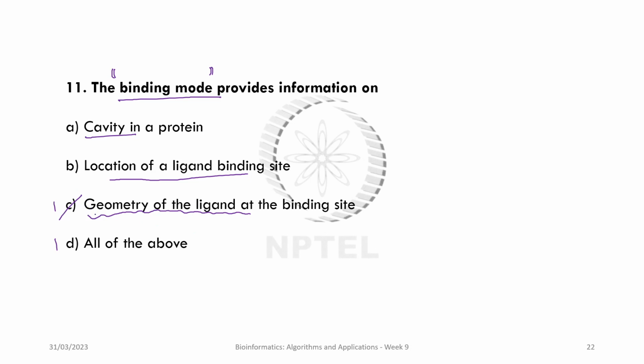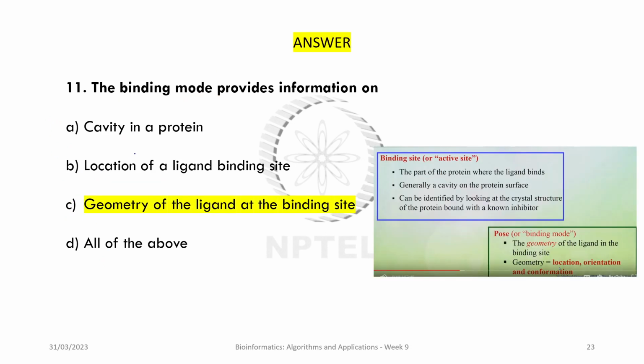But when I was a little partial to this, that's when I remembered that it is a more directed question at this slide. Where you have the binding mode here, which concentrates on the geometry of the ligand at the binding site: location, orientation, and conformation.